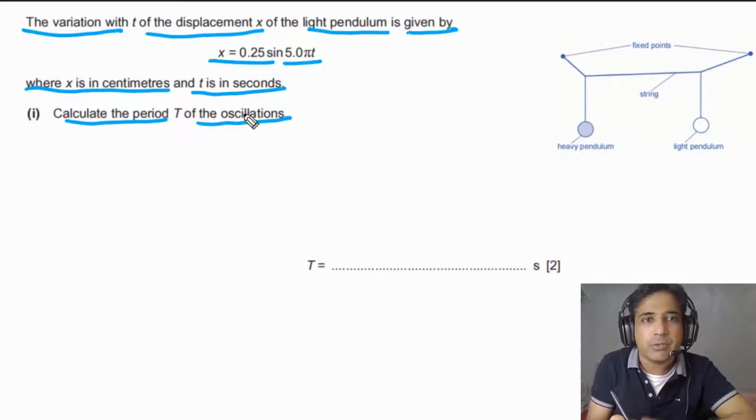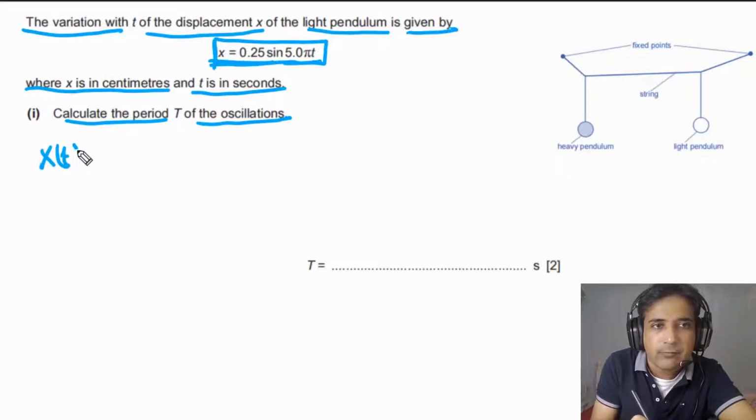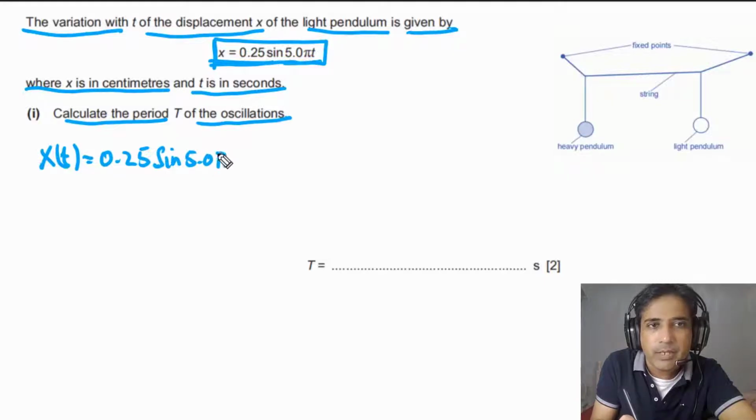So simply you need to understand this equation in order to calculate the time period. I will be writing this again. It is given to us x as a function of time, equal to 0.25 sine of 5.0 pi t.